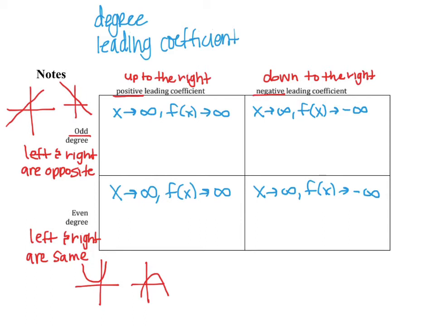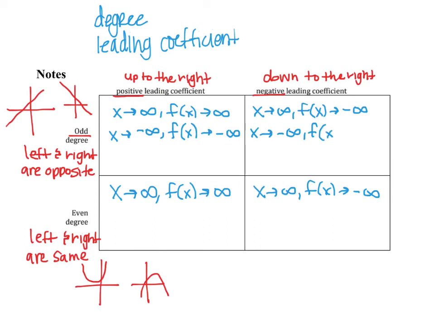So to finish filling this out, positive leading coefficient with odd degree means I am going to go down as I go to the left. This is kind of like a line that has a positive slope. If I have a negative leading coefficient with an odd degree, this is like having a line with a negative slope.